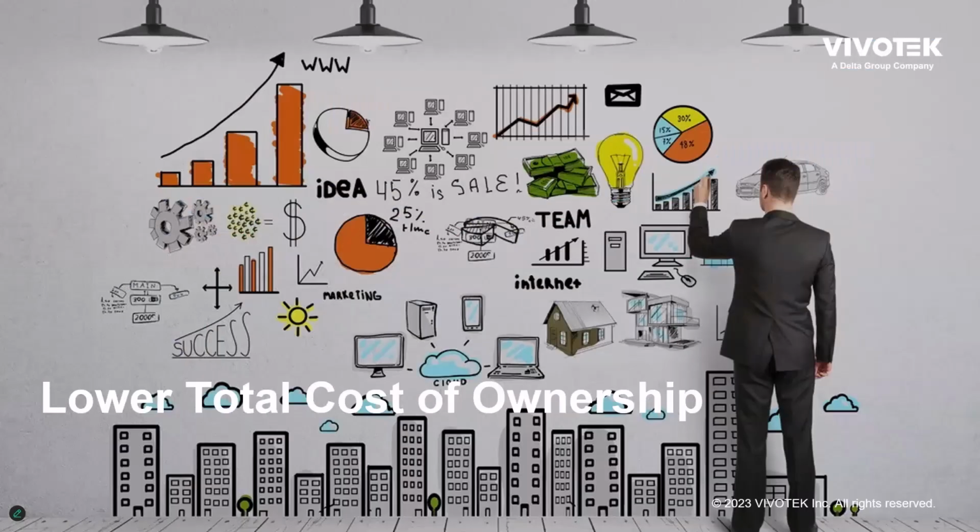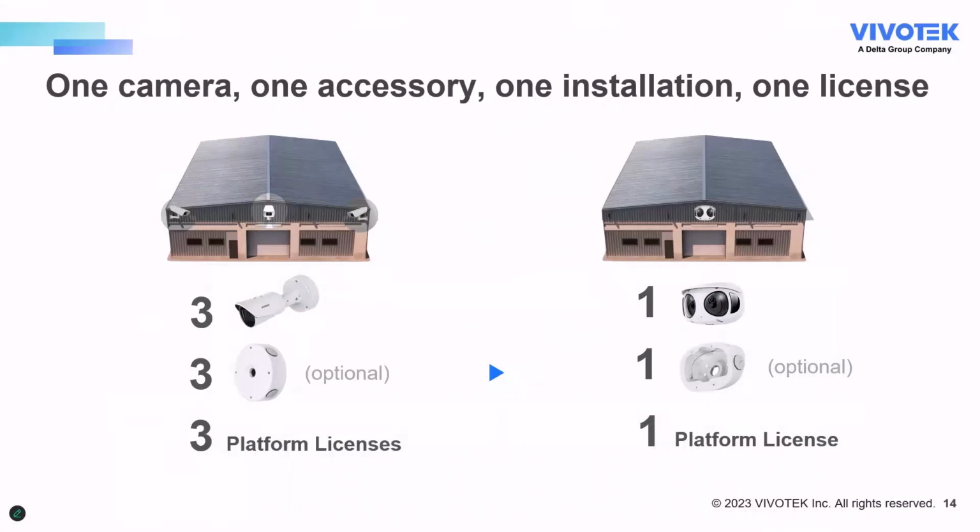And then, of course, let's not forget one of the most important benefits: the lower total cost of ownership. Panoramic cameras deliver significant savings compared to traditional systems. Instead of needing three separate cameras to cover the same area, you only need one panoramic camera. This means fewer devices to purchase, just one set of accessories, and reduced labor costs because you're only installing one camera.